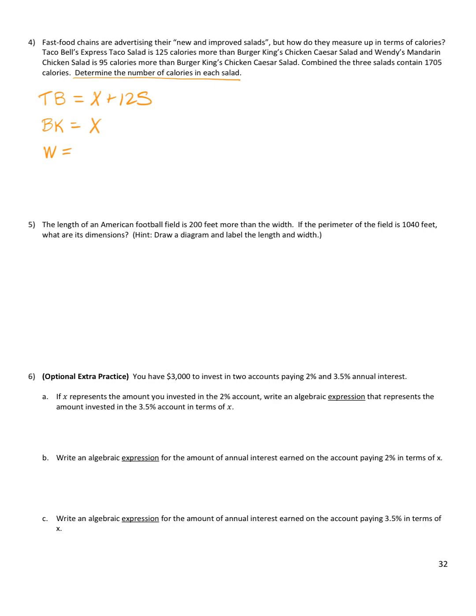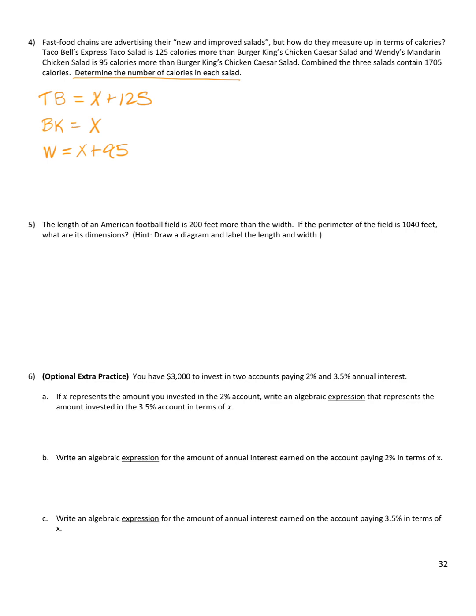And then continue reading. Wendy's is 95 calories more than Burger King. So if you know Burger King, add 95, you get Wendy's. So Wendy's is going to be x plus 95. And then we set up an equation by asking ourselves what equals what.